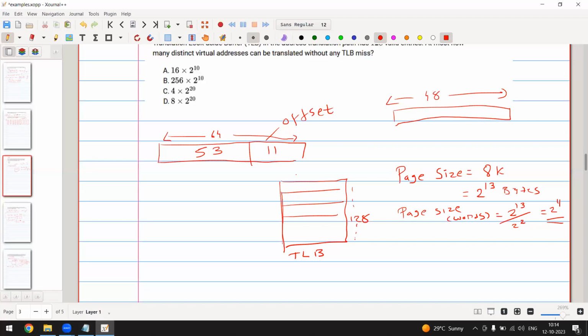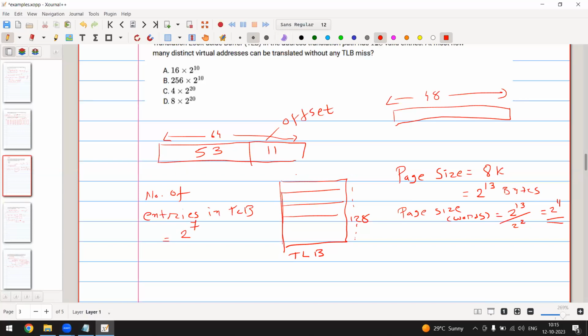Now, as you know, the TLB at a time can contain 128 entries. That means the number of entries in the TLB is 2 raised to 7.